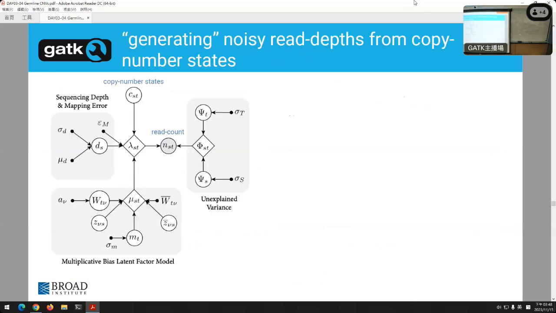This is a graphical representation of the factors that underlie the read count. You can see that if you follow all of the arrows, all of them point to the read count, because that's our observation, and everything else is just a factor that influences the read count.